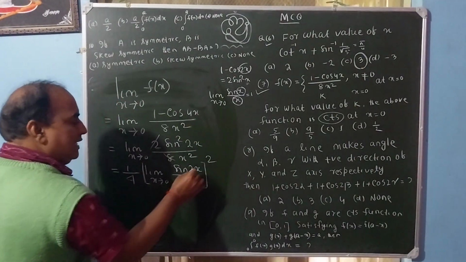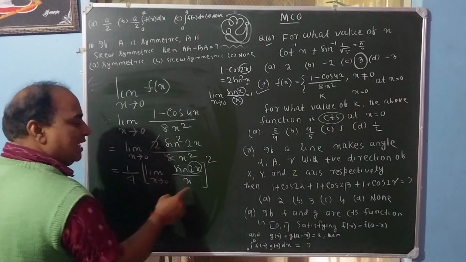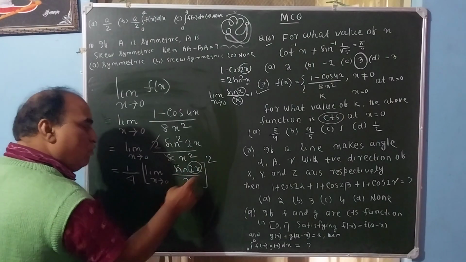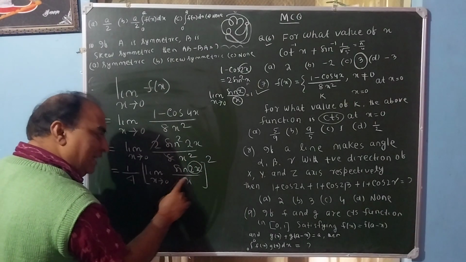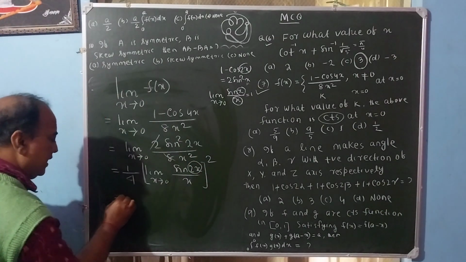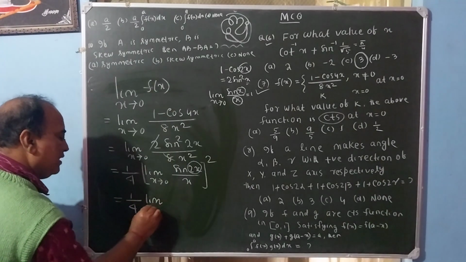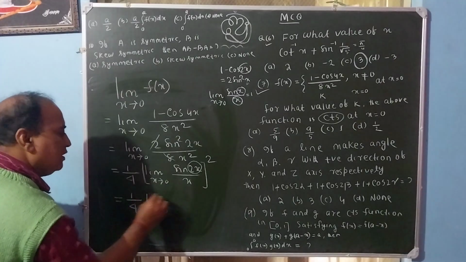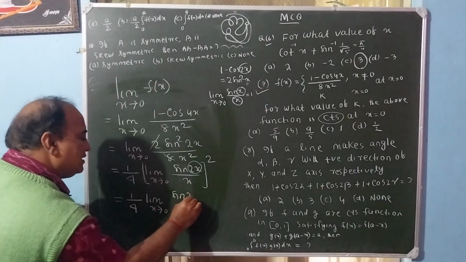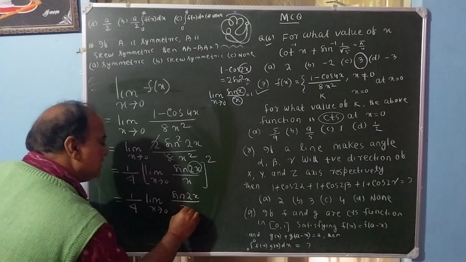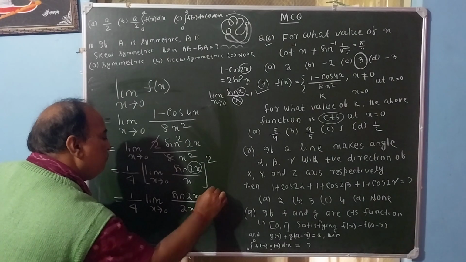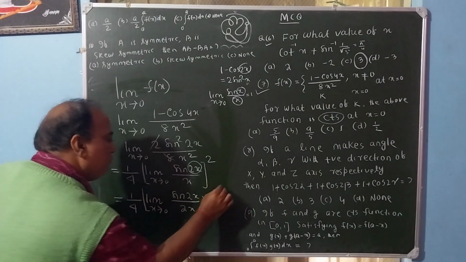But here it is 2x, here it is x. So you have to bring 2 multiplying and 2 dividing. So we get 1 by 4, limit x tends to 0, (sin 2x by 2x into 2) whole square.